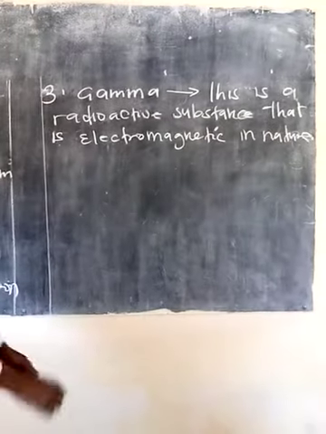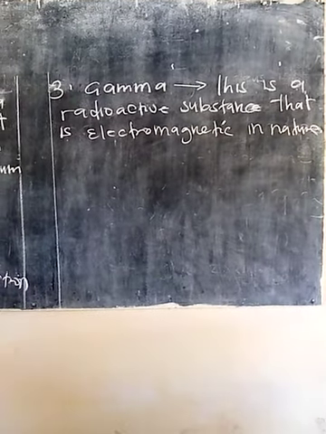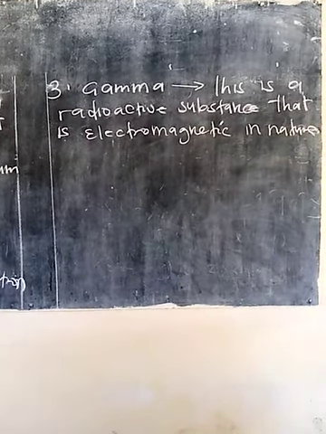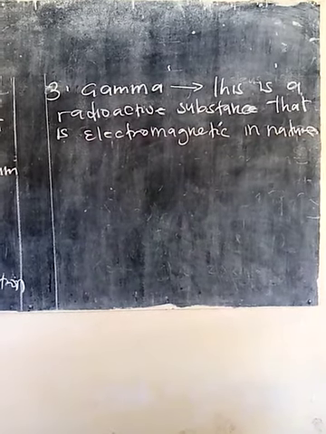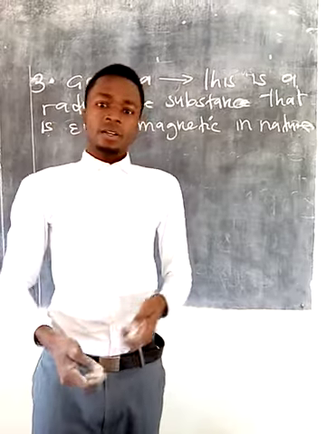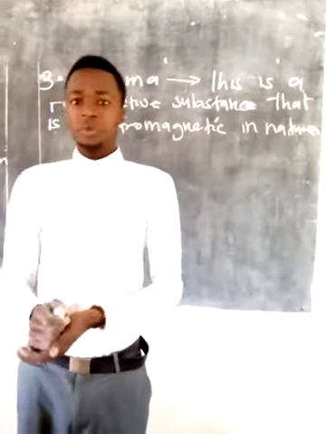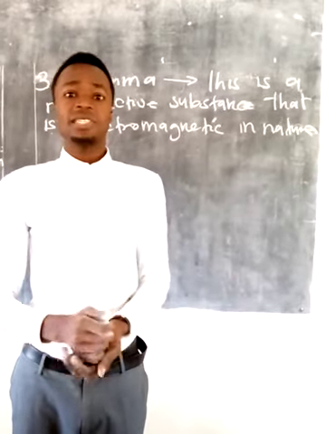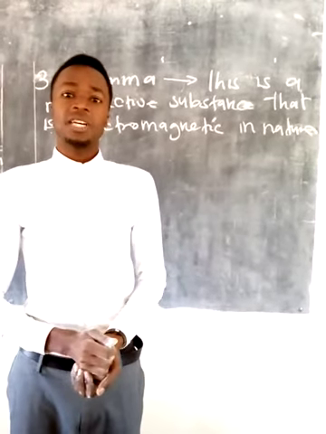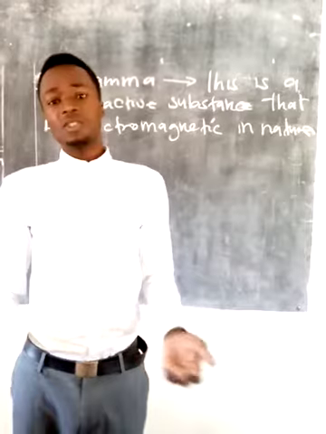So those are the three particles that are going to be involved in radioactivity, and these are the ones that we are going to be talking about through this entire topic.